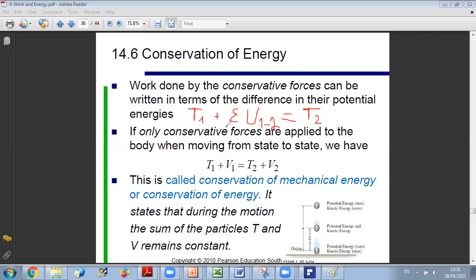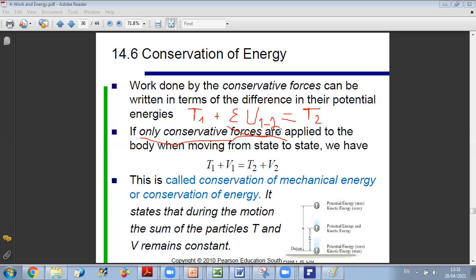Now we demonstrated together that if only conservative forces are doing work, there can be other forces that are not conservative but do no work. If they do no work, it's not a problem. Okay. So if I have a non-conservative force that is not doing work, I can still apply conservation of mechanical energy. What happens?